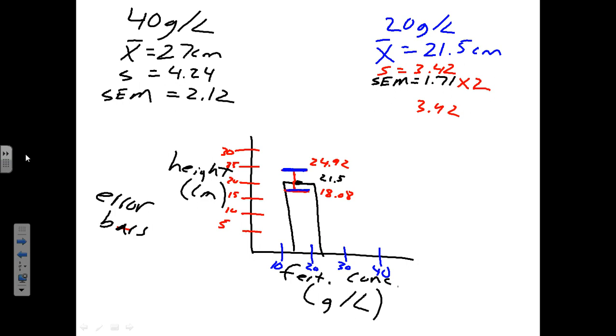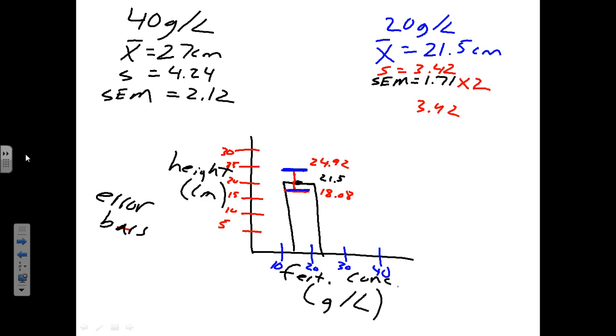That's what we mean by 95% confidence interval. To get to that, you either need to go 2 standard errors up from and down from your mean, or you could also do it in terms of standard deviation and go 2 standard deviations up from and down from the mean. That's all we got to do on the 20.